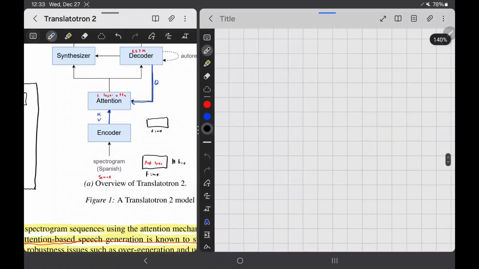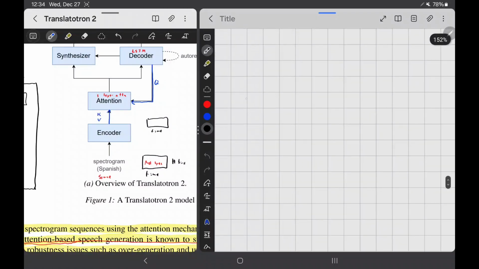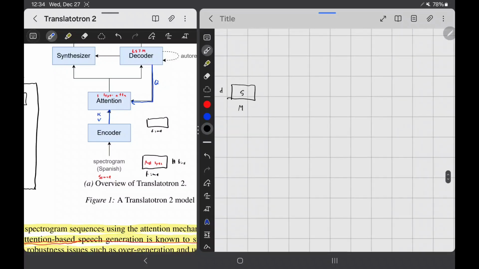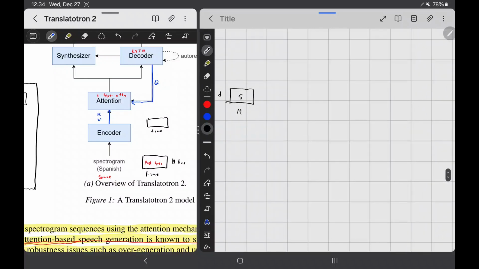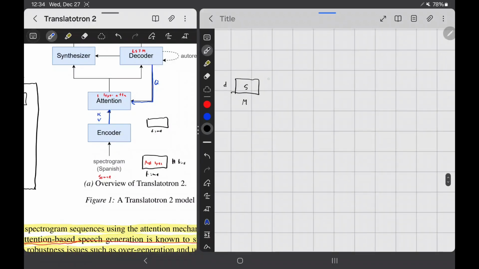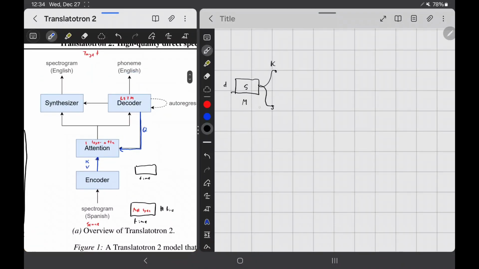So what this looks like is you have your source here. So we'll call this our source, and this will be, say, m by d. So some dimensionality m by d, and these produce your keys and values. It's going to take in your current sequence that you've decoded, your current phoneme sequence.